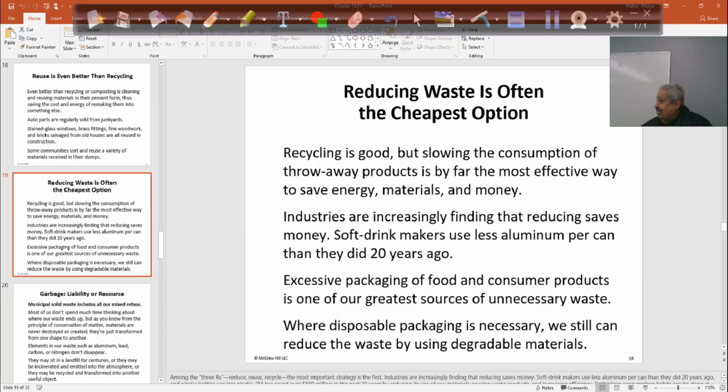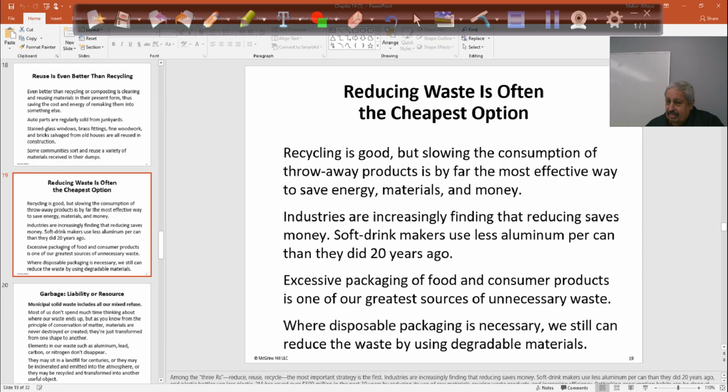Because the amount of aluminum used is very thin. That's the whole idea, to reduce the waste coming into the environment. And that saves the companies a lot of money, unlike the old days, with very thick, heavy soda cans.